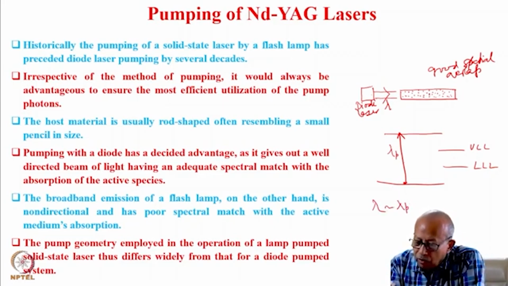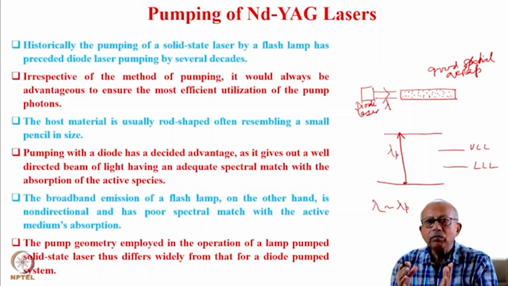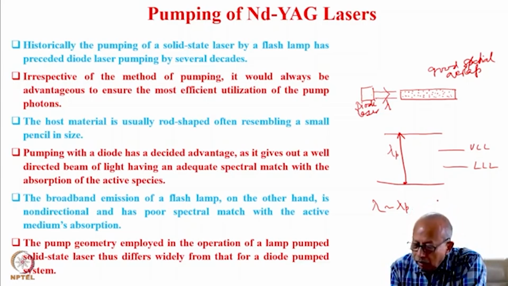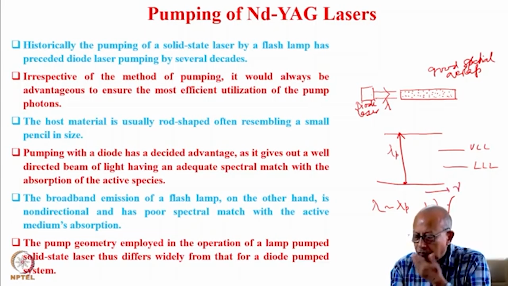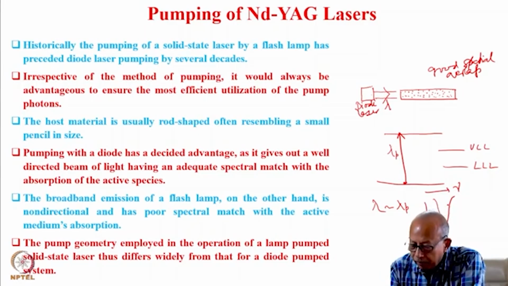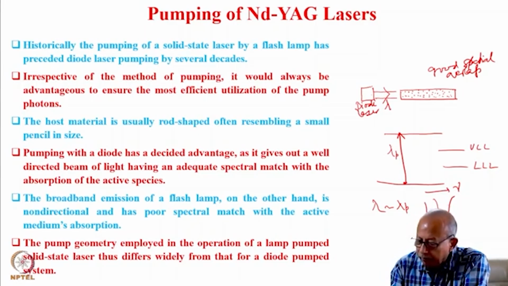And the absorption has a width. So this is the absorption feature, absorption as a function of frequency, and this is wavelength lambda p, the line center of absorption.